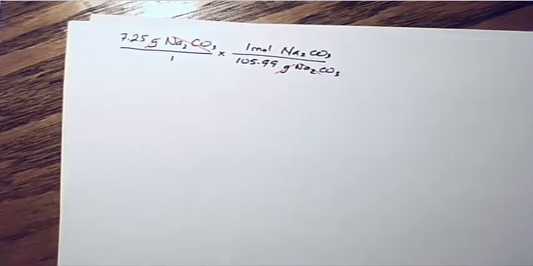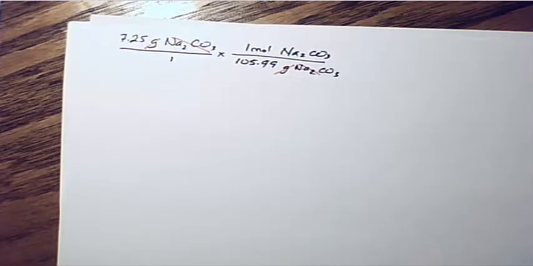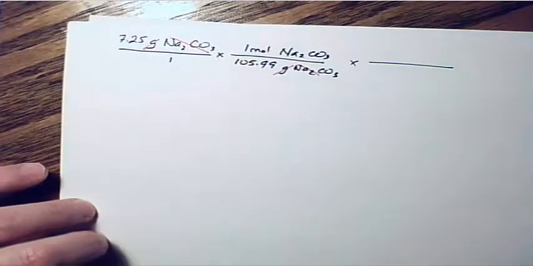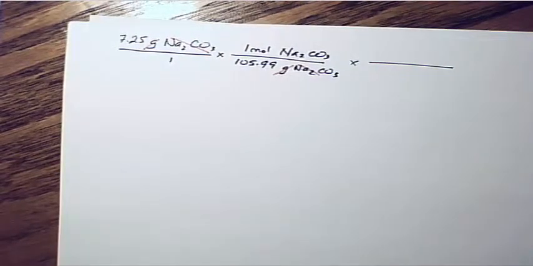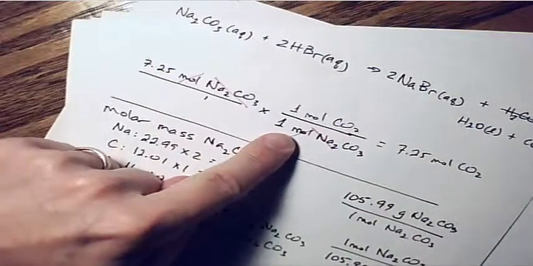Well, I got to get from moles of this to moles of the other thing, because you got to go through moles to get to the second species. Anytime you go from one chemical species to another, you got to have a balanced chemical equation, because you need a molar ratio. What's the molar ratio between sodium carbonate and carbon dioxide? We used it in the last problem.